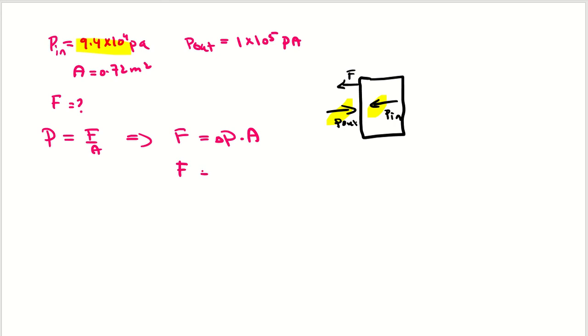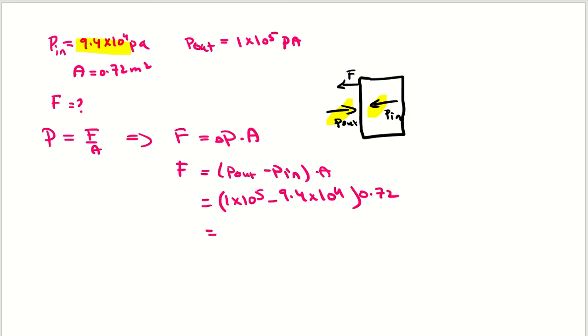So F is the P out minus the P in, the outward pressure minus the P in, times the area, which is 1 times 10 to the power of 5 minus 9.4 times 10 to the power of 4, times the area, which is 0.72.